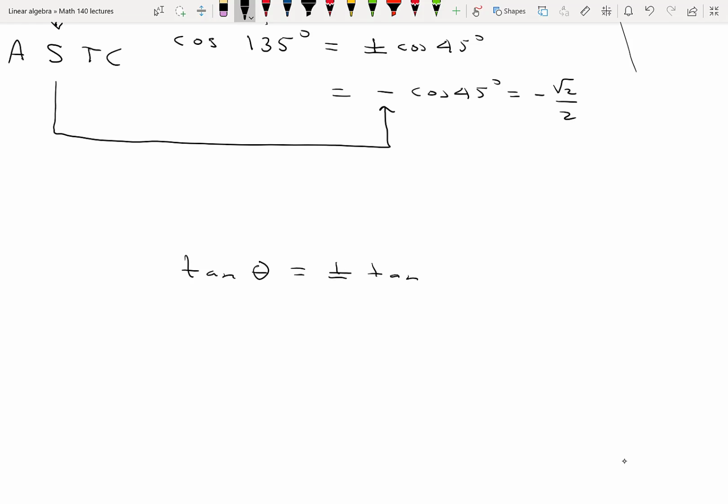The tangent of its reference angle, where you use all students take calculus to determine whether it's plus or minus. And this doesn't have to be tangent. It can be sine, cosine, tangent, cosecant, secant, or cotangent. It's any of the 6 trig functions.